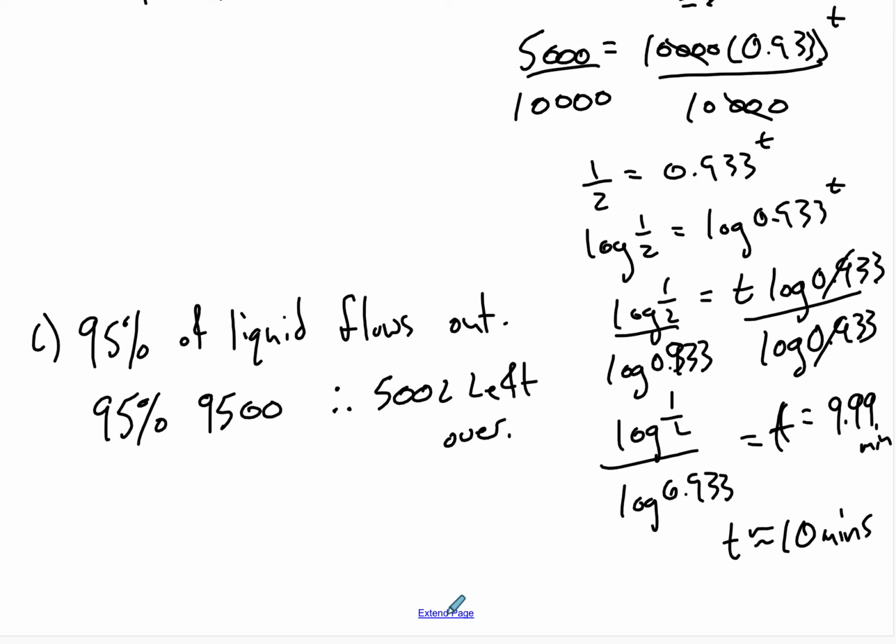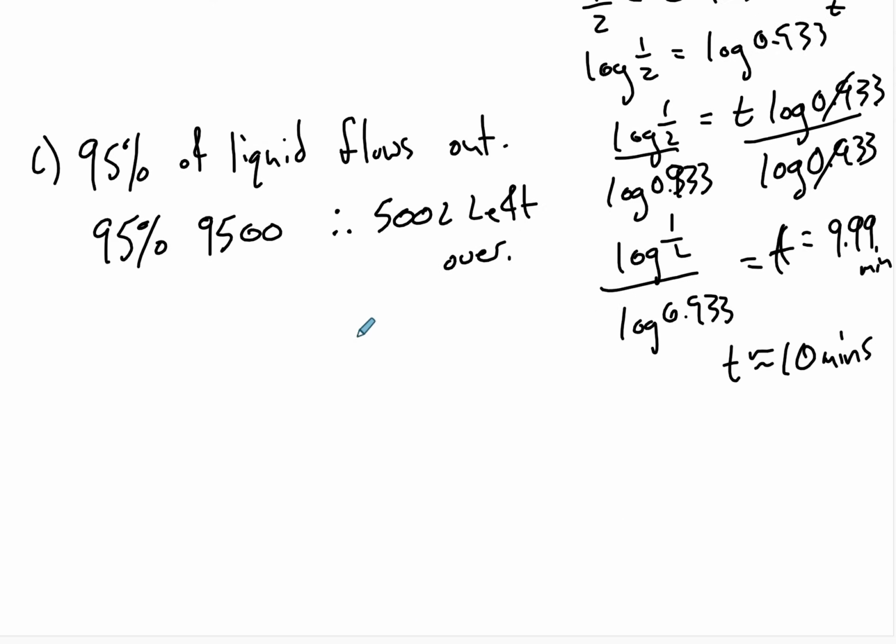If I have 500 liters left over, that's going to be my V value. So 500 is equal to 10,000 times 0.933 to the power of t.